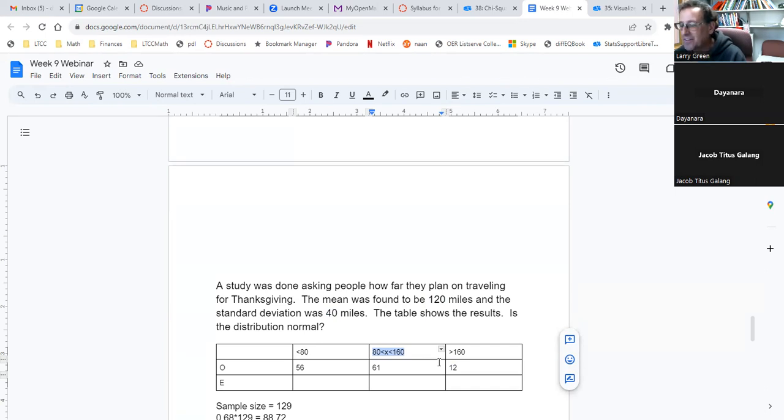Any questions on what I just said? We subtracted the standard deviation, which was 40, from the mean, and we added it also. So see if you remember what percent of data will be within one standard deviation of the mean for a normal distribution.